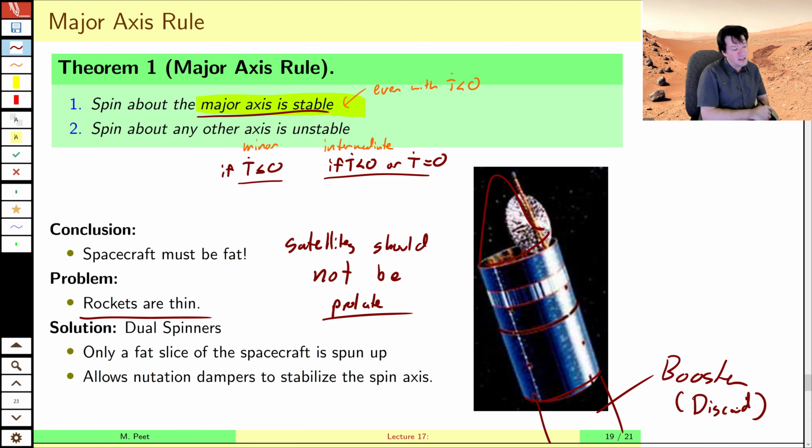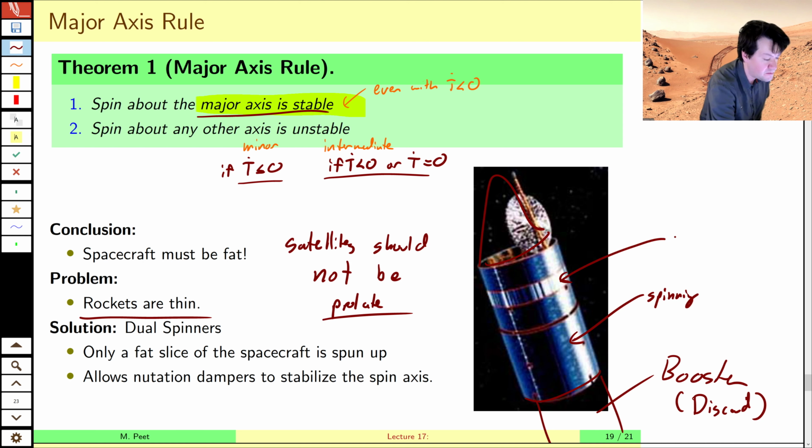The other one is, well, if you're going to spin your satellite, only spin part of it. And that's where we get these dual spin satellites. So spin that one for stability, but despin this part, so that the spinning part is oblate, but the overall object is prolate.